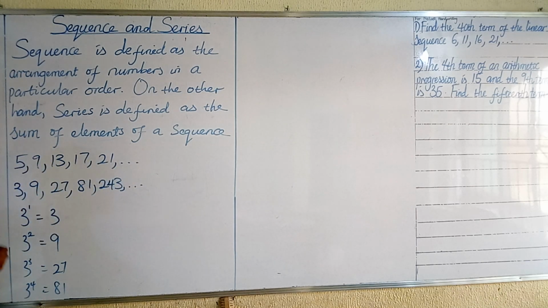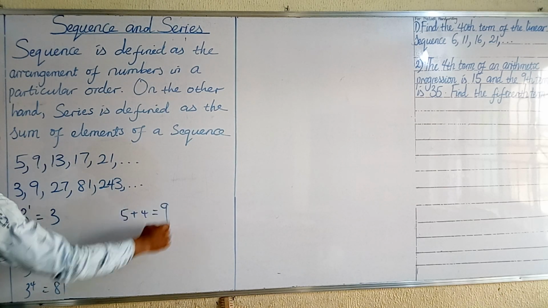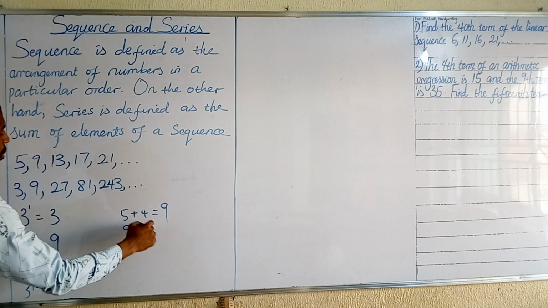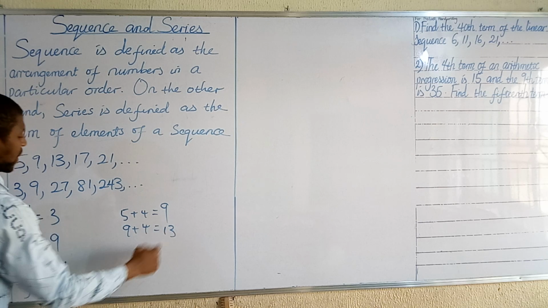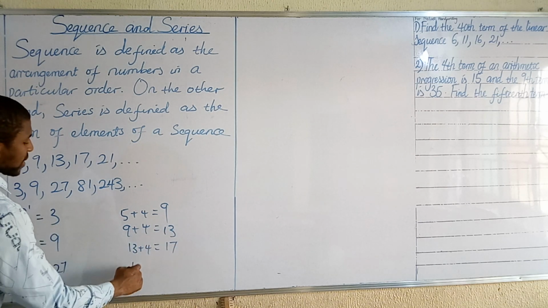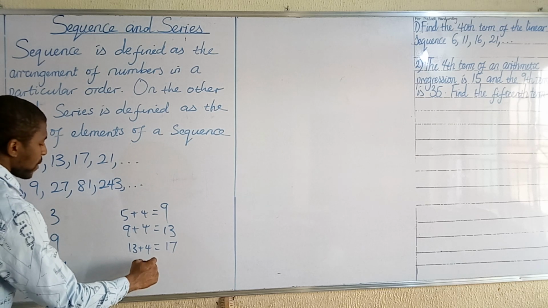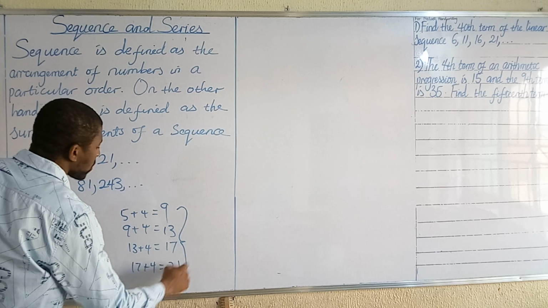But for this one that has continuous addition, like 5 plus 4 to give us 9, 9 plus 4 to give us 13, 13 plus 4 to give us 17, 17 plus 4 to give us 21, all this is what?